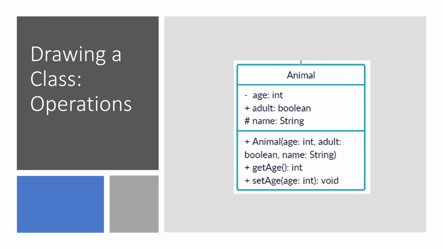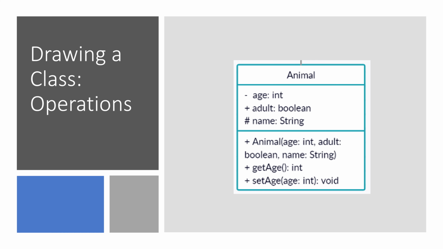You will notice that there's no colon after the first operation. That is because the first operation classifies the constructor for the Animal class. Within the parentheses, we add all necessary parameters in the order of name, colon, and object type. We separate the parameters with a comma.